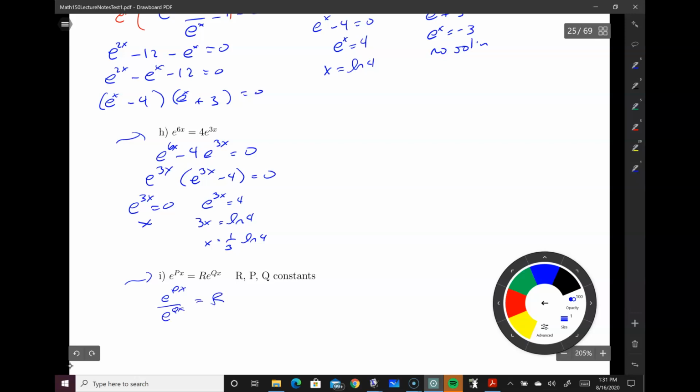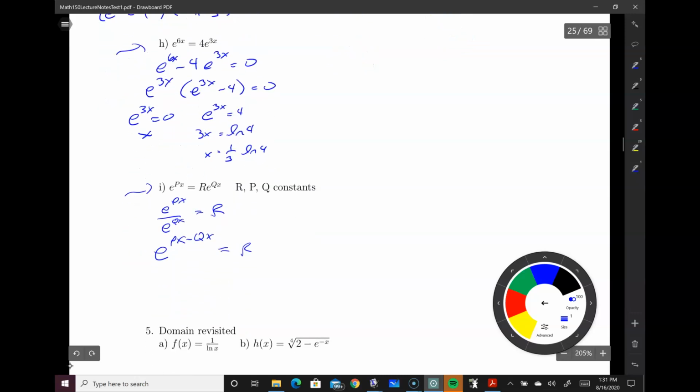So I get this. This left-hand side here can be rewritten as px minus qx up in the exponent, because I subtract exponents when they're divided. Now let's take ln of both sides. ln of r I'll just leave as a number. Factor the x out, and then divide.